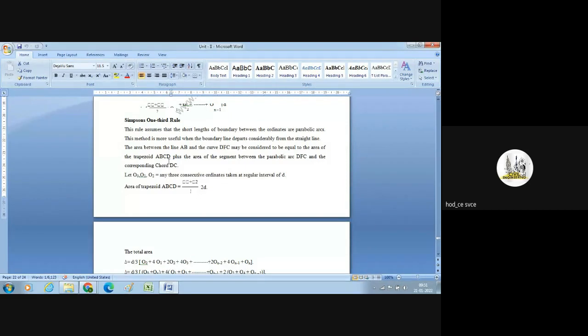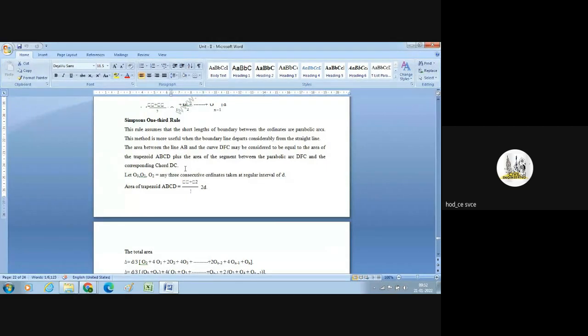First and last ordinate, we are going to take the average of the first and last ordinate: first ordinate plus last ordinate plus 4 multiplied with the odd ordinates O1 plus O3 plus O5 and so on up to On minus 1, plus 2 multiplied with the even ordinates, whole multiplied with d by 3.